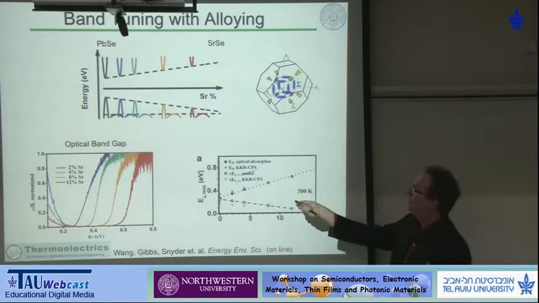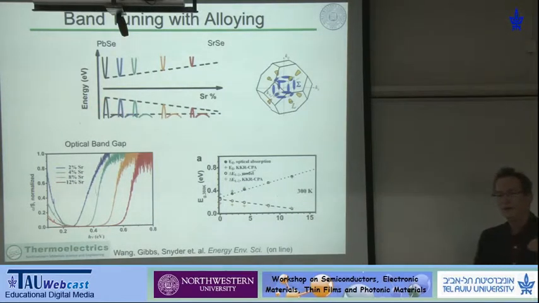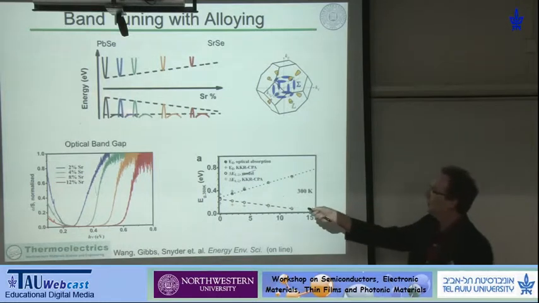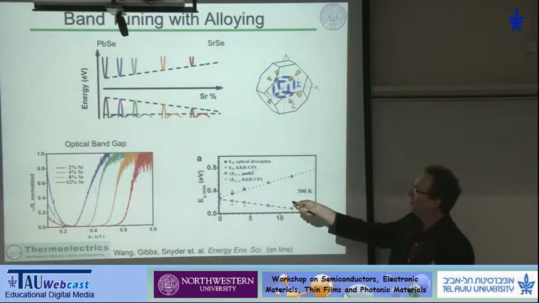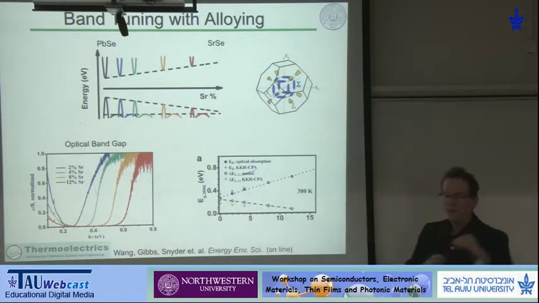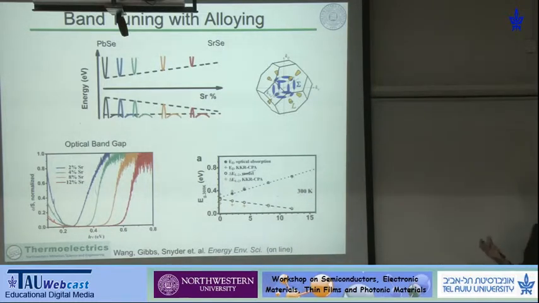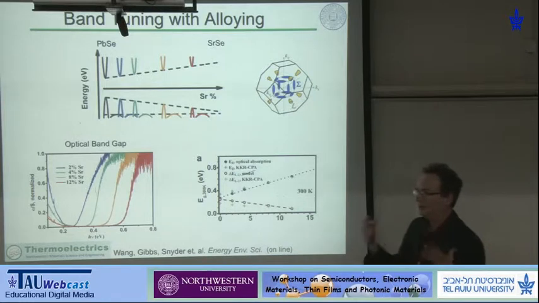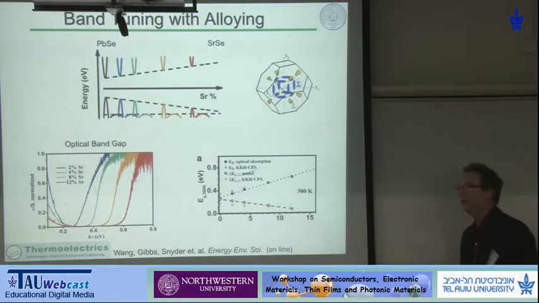And one way to do that is to look at a band structure where we might have a heavy hole and a light hole, but separated by an energy, and if we can move them together to get them to the same energy, we can have an improved quality factor because we've increased the number of pockets in the Fermi surface.